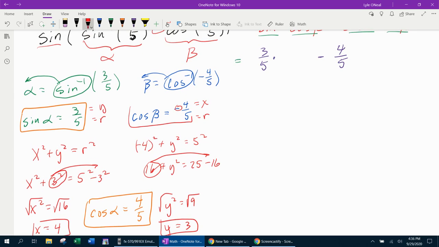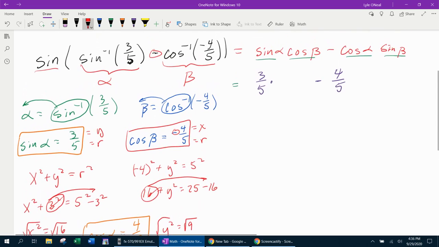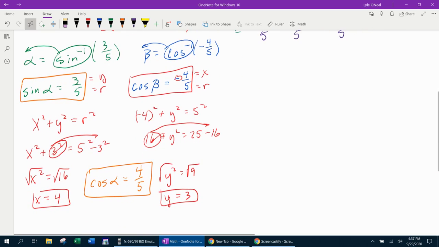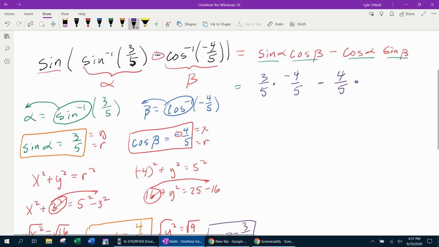I now know cosine of beta, which is right here. Cosine of beta is negative 4/5. And now I can get sine of beta. Sine is y over r. So sine of beta is 3/5.